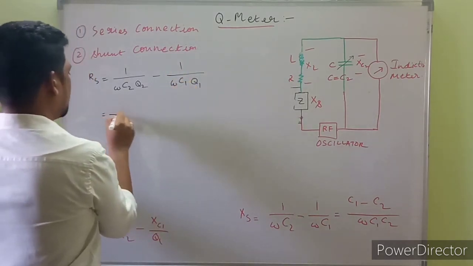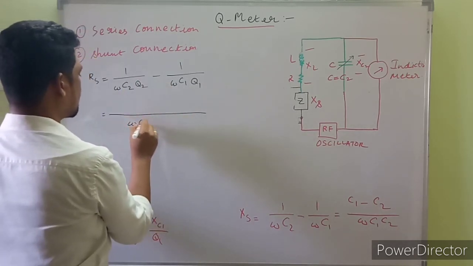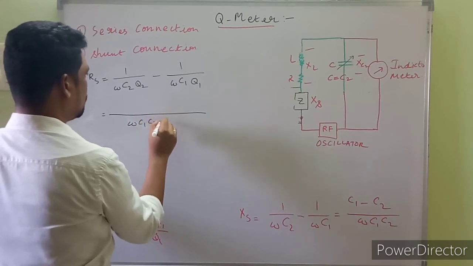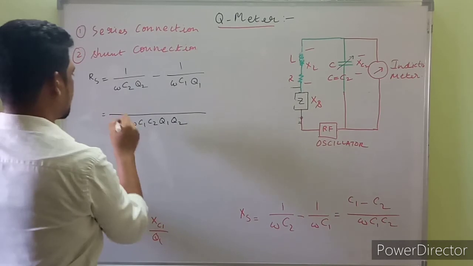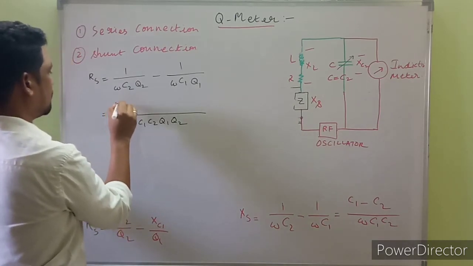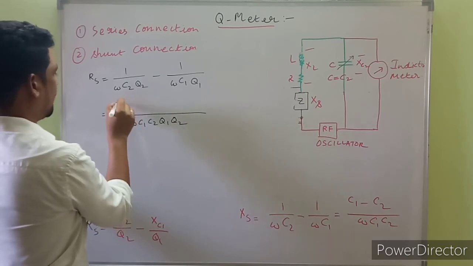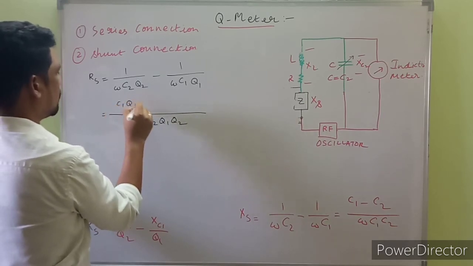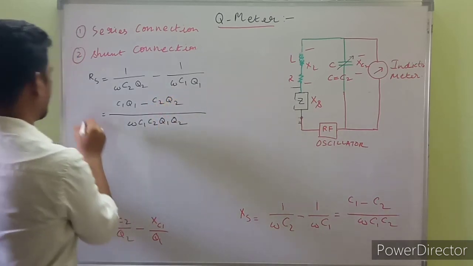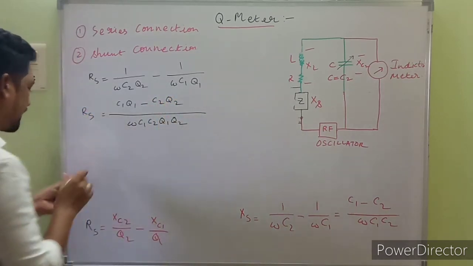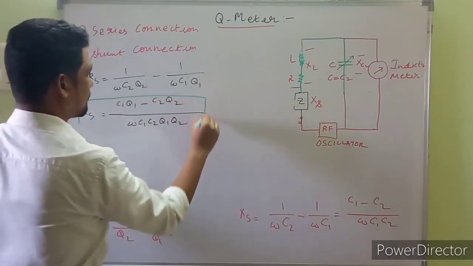Simplifying this, we have the common omega, C1, C2, Q1 and Q2 in the denominator, and cross multiplying, we have omega, C1 Q1 minus C2 Q2. This is for RS. You may be finding this one. RS is this.